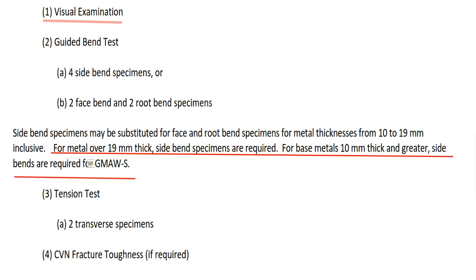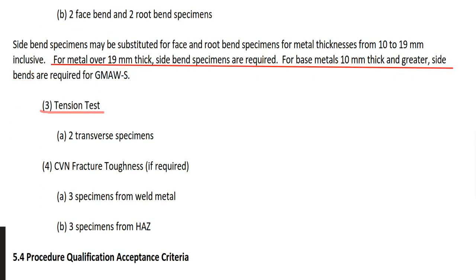For metal over 19 mm thick, side bend specimens are required. For base metals 10 mm thick and greater, side bends are required for GMAW with short-circuiting transfer mode. For this process, for base metal 10 mm thick and greater, only side bend tests, 4 side bend tests, are required.